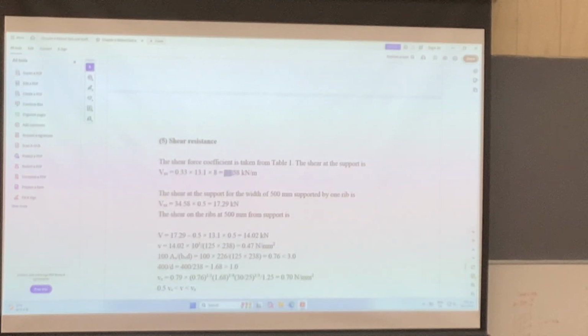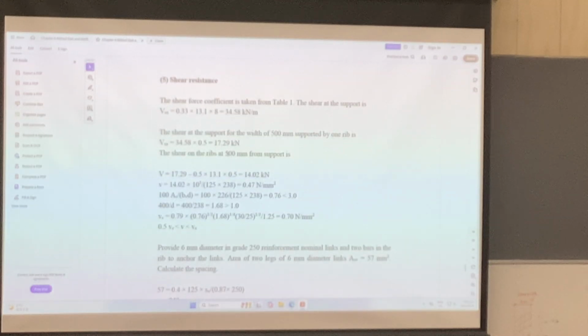So we have the shear force equal to 34.58 kN per meter. But you know that actually the rib only supports 500 mm width. So you just multiply by 0.5, so it is equal to 7.29. Is it okay? This is the shear at the support.